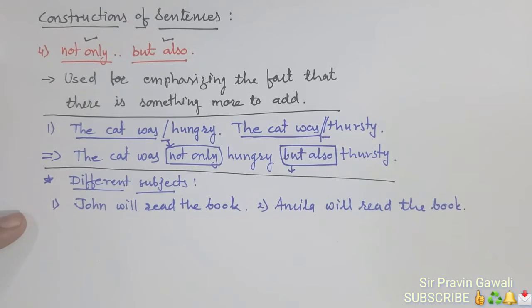So here two sentences are there. One is John will read the book. Second, Ancilla will read the book.